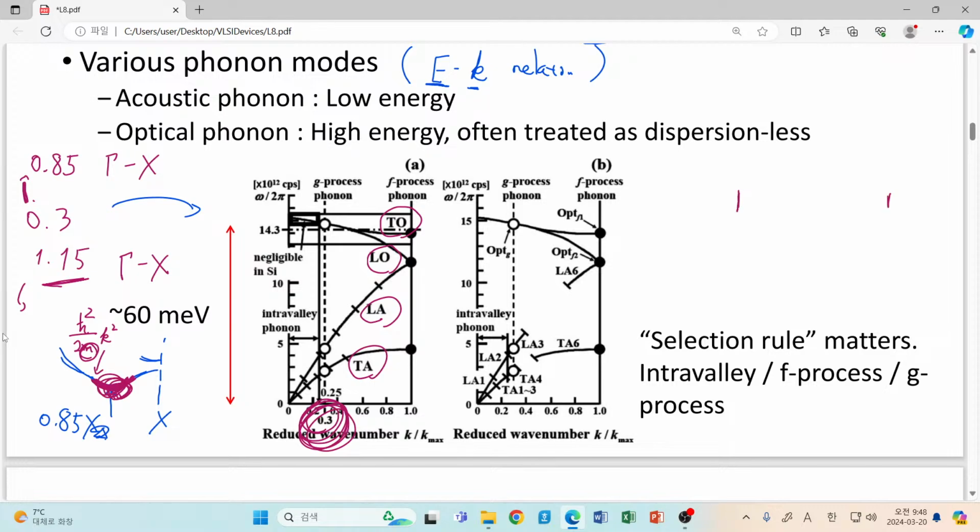Here we have a gamma point and an X point, another X point, and we were here and the distance was just 0.15, and we add just 0.3.